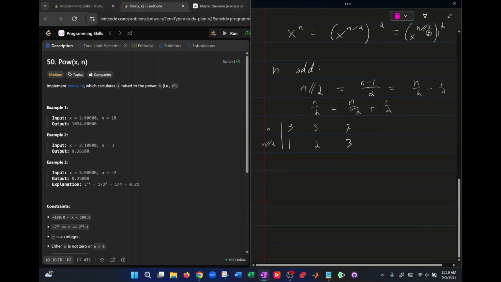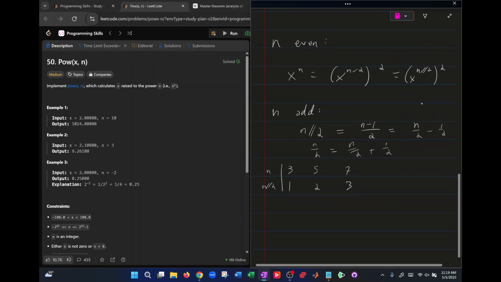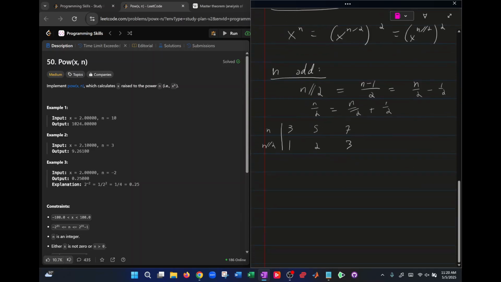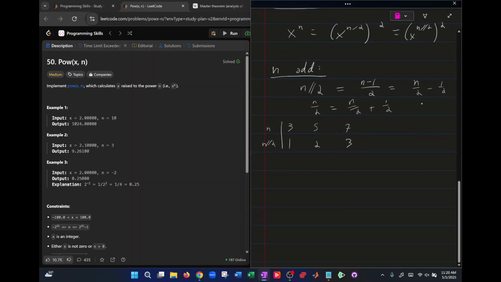For n odd, we have x to the n equals x to the n over 2, squared.